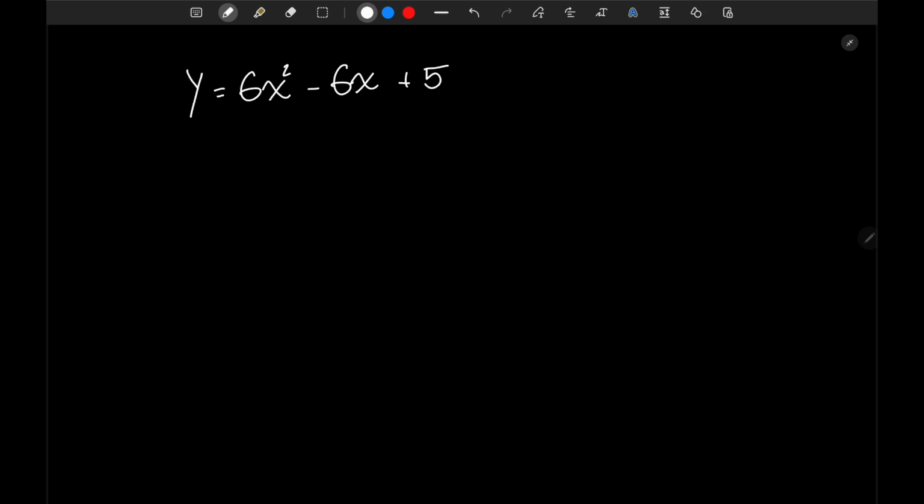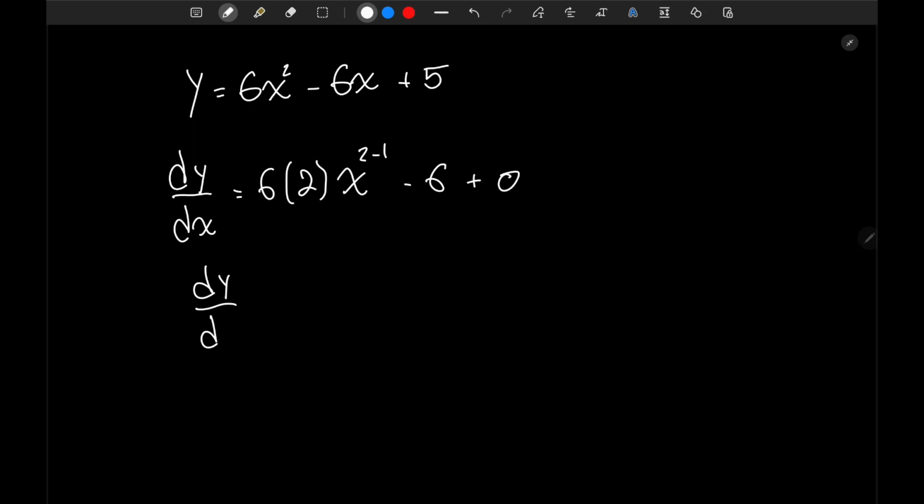Y is equal to 6x squared minus 6x plus 5. Taking the derivative, we have dy over dx is equal to 6 multiplied by the exponent, minus 1 from the exponent. Then 6x, the derivative of x is just 1, so we're going to be left with 6. And then the derivative of 5 is just 0 because it's a constant.